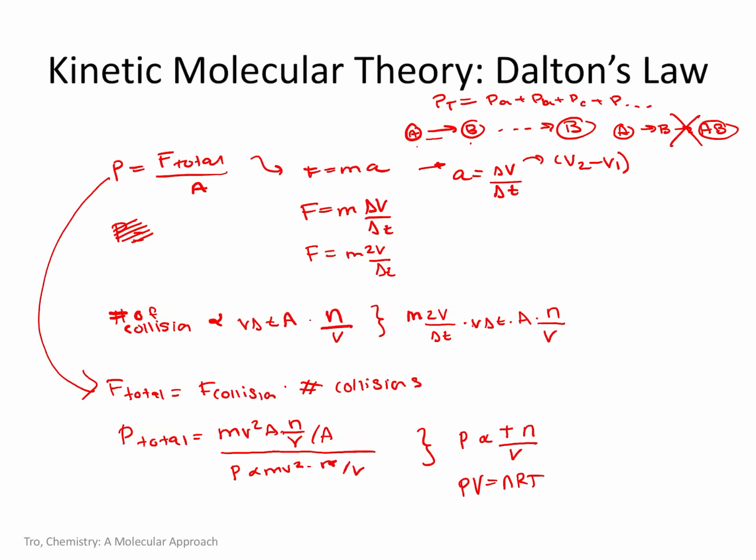So basically, it depends on the space to figure out how much time it takes for those particles to reach that space. So we define it as velocity times that time interval and its area. And their total number is equal to its volume multiplied by the density of the particles, which is N over V. So then the total force on the wall is equal to the force per collision multiplied by the number of collisions.